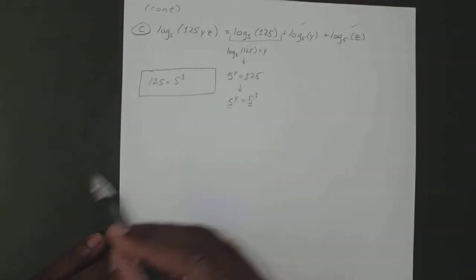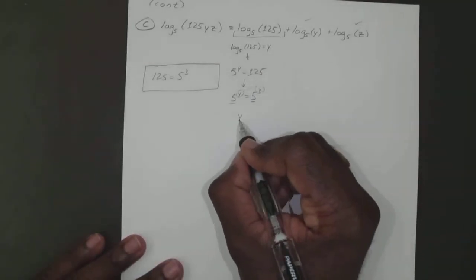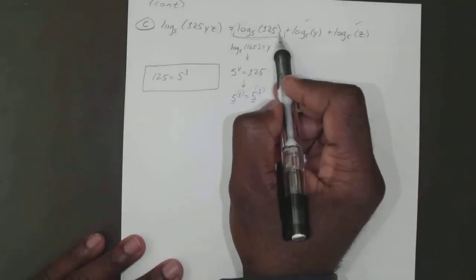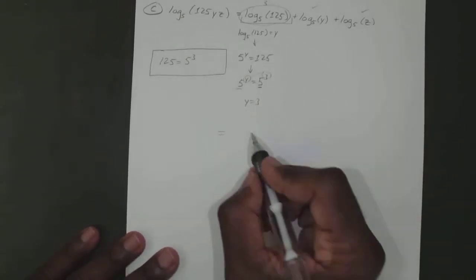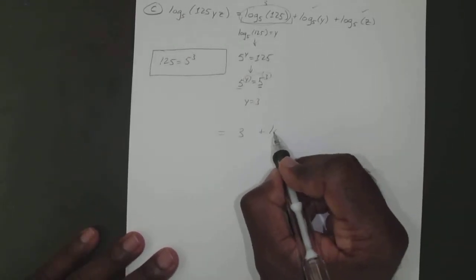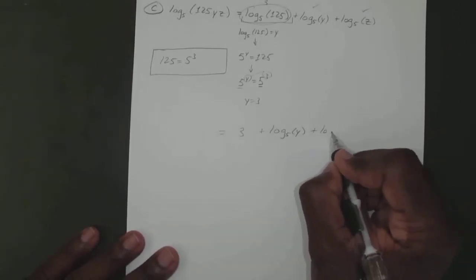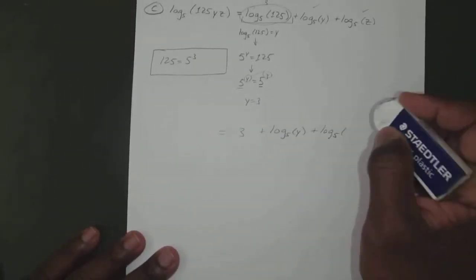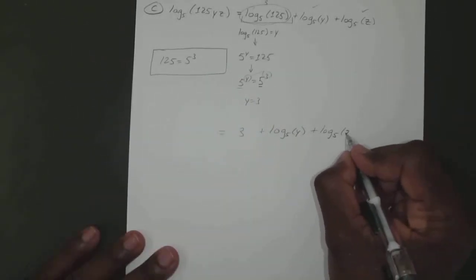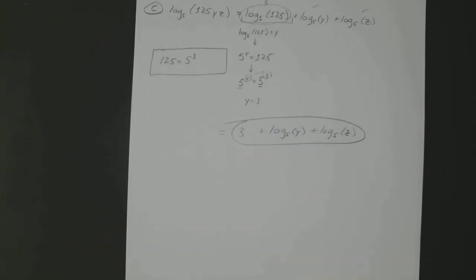Our bases are the same, so the only way this can be true is if y is equal to 3. So this just becomes 3, which gives us 3 plus log base 5 of y plus log base 5 of z. All right, any questions on that one?